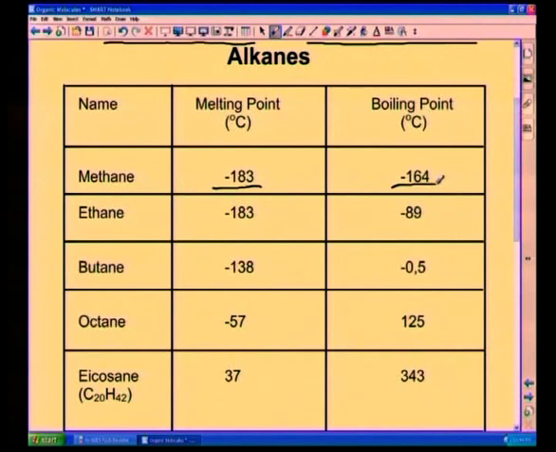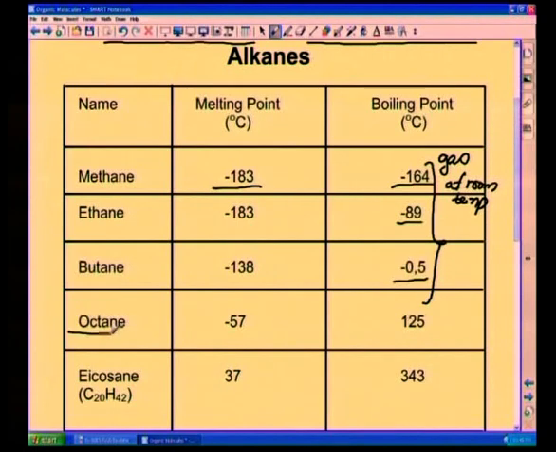What does it mean if it boils at minus 164 degrees Celsius? It means at room temperature, it is a gas. Because room temperature is about 25 degrees, so this thing has already boiled at that point. The same thing here, so these would be gases at room temperature.